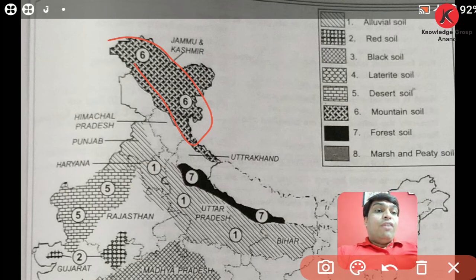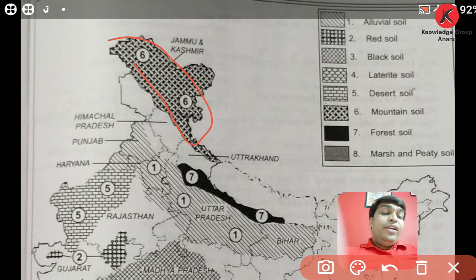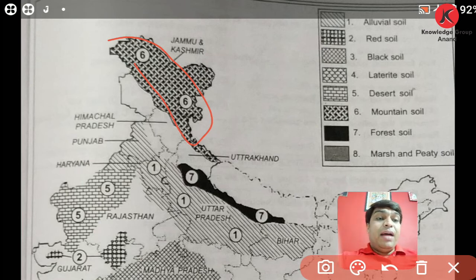It is mostly found at an altitude of about 2700 to 3000 meters. It is mostly found in the areas of Assam, Darjeeling, Uttarakhand, Himachal Pradesh, and Kashmir. This soil is found in the region of pine and cedar trees in the Himalayas.